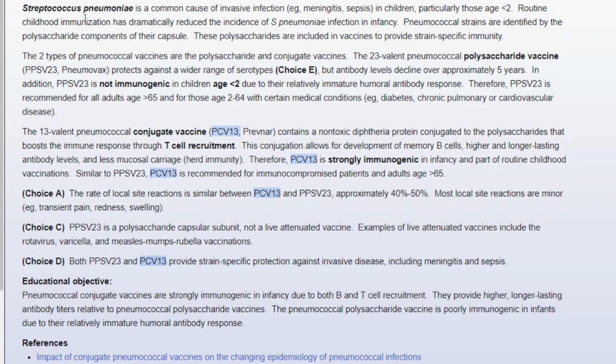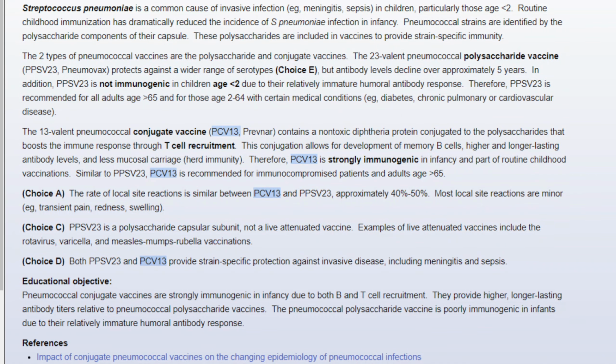Therefore, PCV13 is strongly immunogenic in infancy and part of the routine childhood vaccination. Similar to PPSV23, PCV13 is recommended for immunocompromised patients and adults aged over 65. So I would say that PCV13 is used mainly for children.